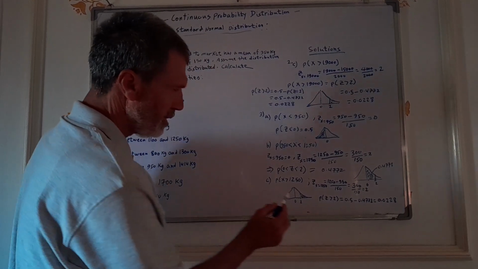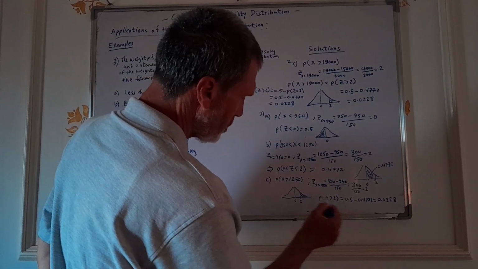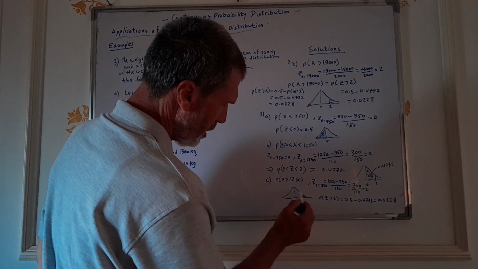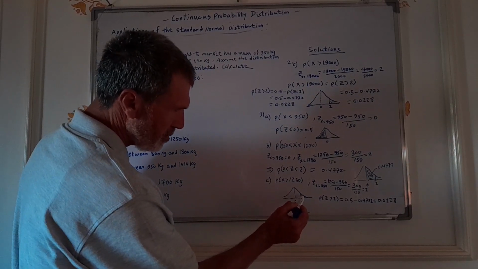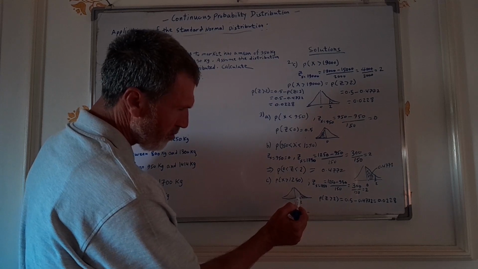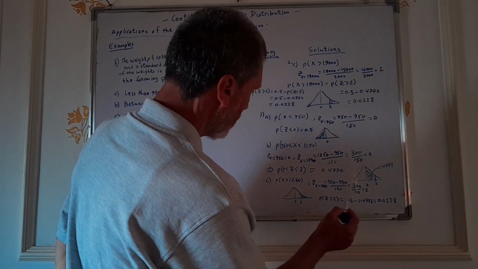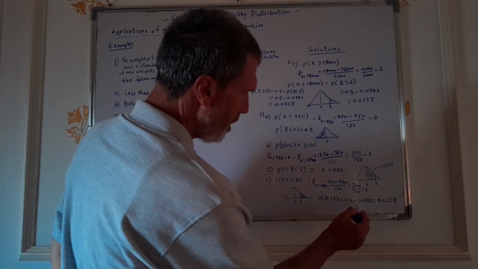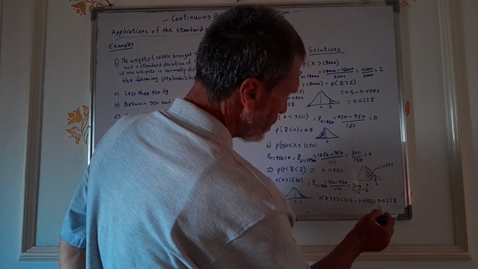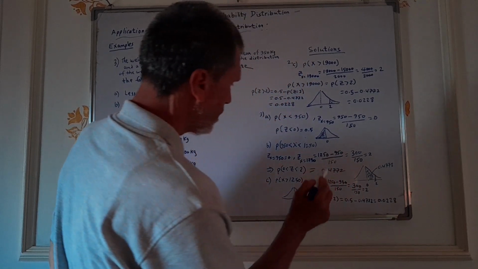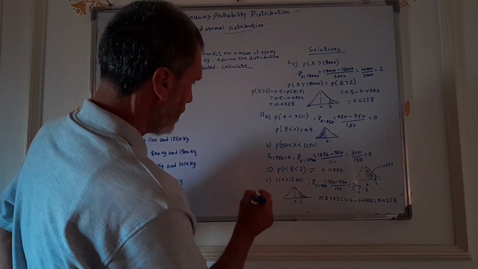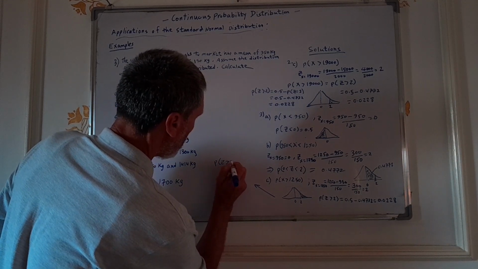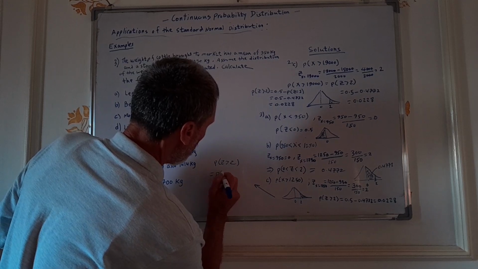The probability of Z greater than 2 is equal to 0.5 minus the probability of Z equal 2. All the area from 0 all the way to here is 0.5, and I need this one here.